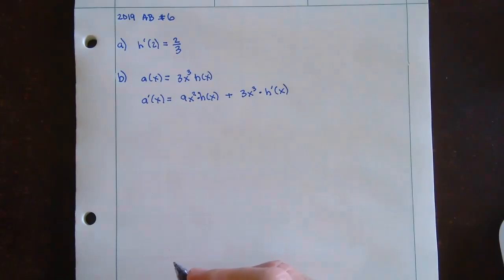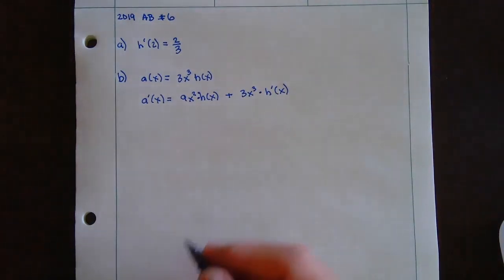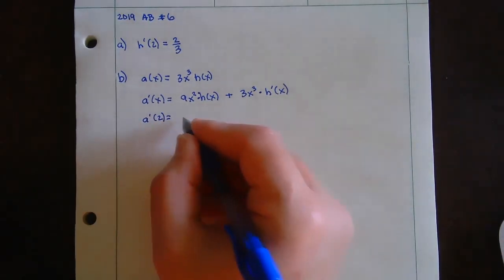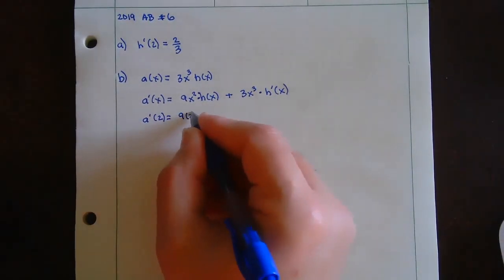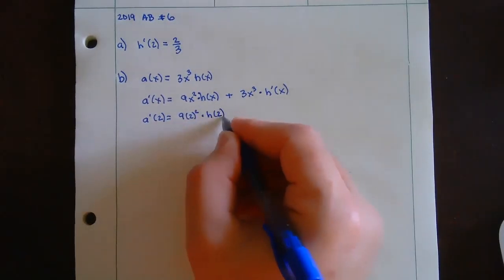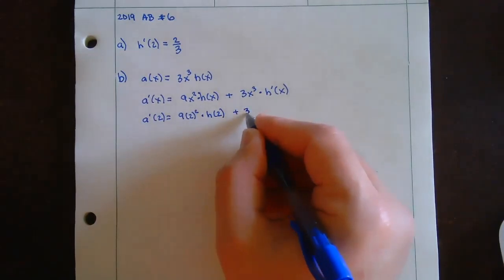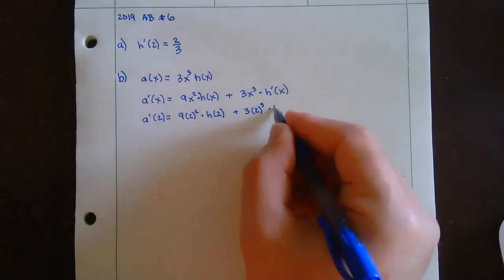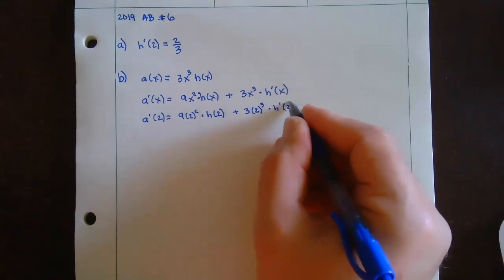And then they want you to find this at 2, right? A prime of 2. So A prime of 2 would equal 9 times 2 squared times h of 2 plus 3 times 2 cubed times h prime of 2.